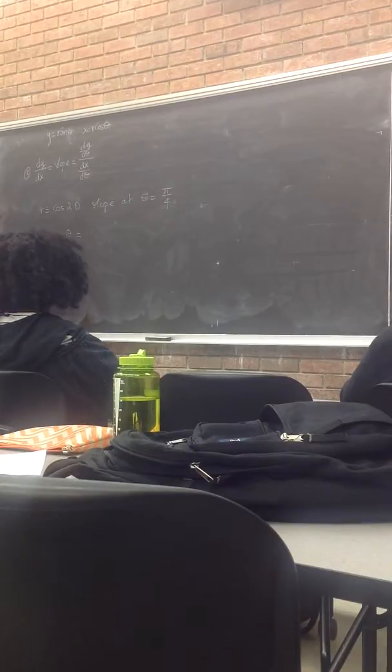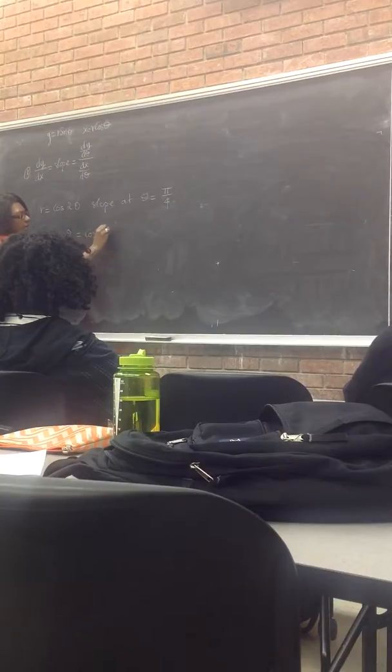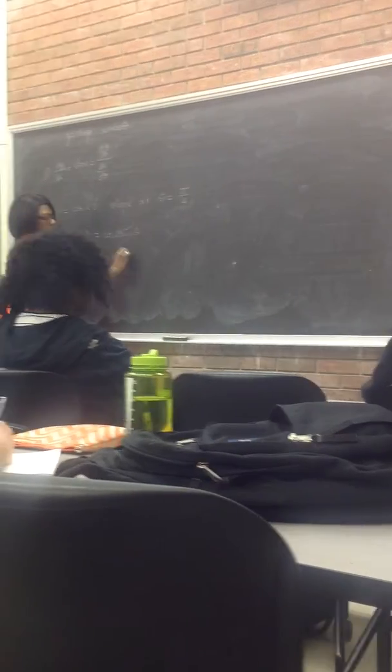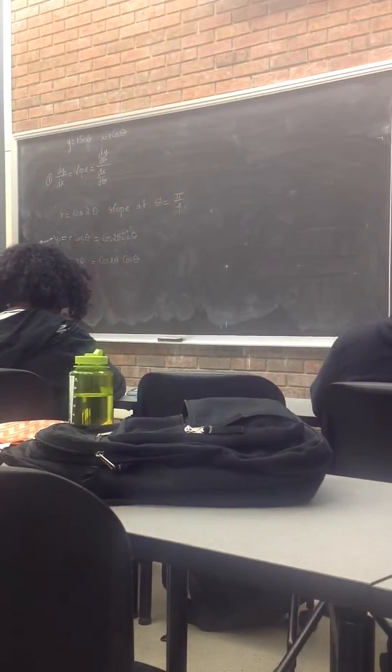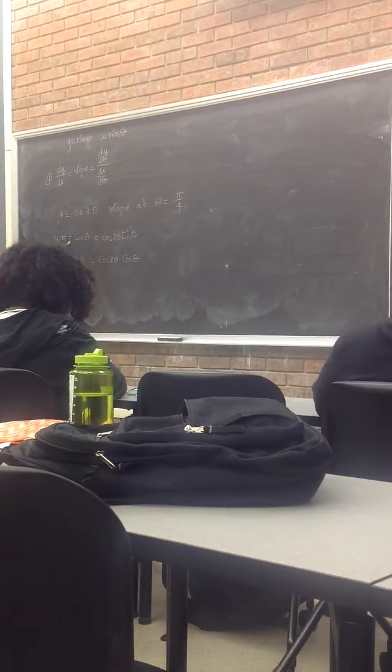So y is cosine of 2 theta times sine of theta, and the x function will be cosine of 2 theta times cosine of theta. So that's the first thing: replace the r given to you inside the formulas. You see y is just a function of theta, and x is also just a function of theta.